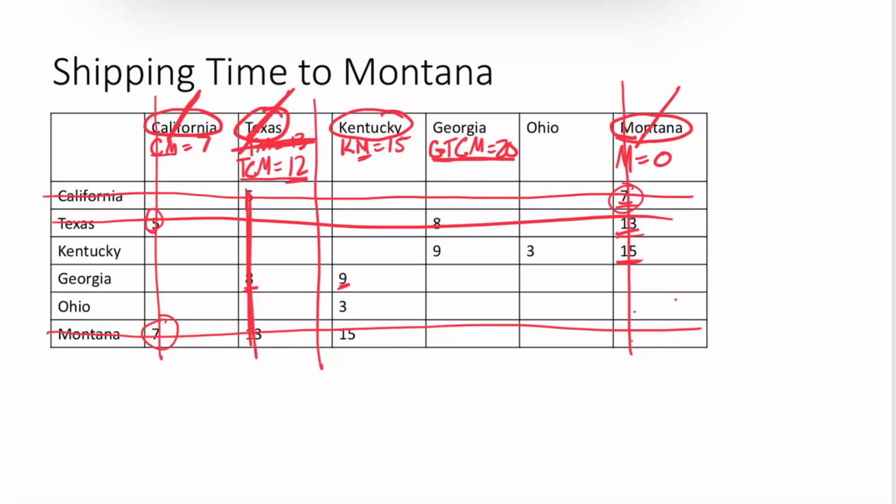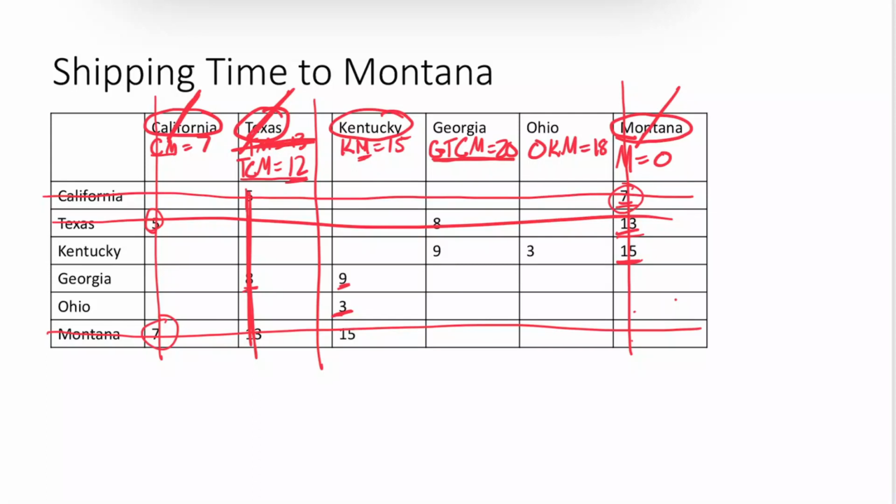So I'm not going to write that as a new distance because 24 is bigger than 20. So that part's good. And then Ohio doesn't have any distance right now. So I'll go ahead and record Ohio to Kentucky, which is 3. And then to get from Kentucky to Montana, that's 15. So the total cost would be 18 because 3 plus 15 is 18.